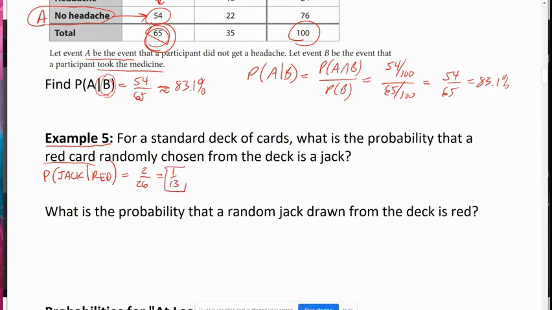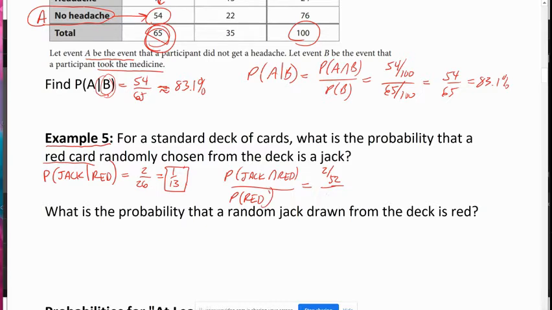Now using the formula, we would have the probability of both, so jack intersect red, which really means it's a red jack, divided by the probability of red. The probability of drawing a red jack: there are 2 red jacks in a deck of 52, a jack of hearts and a jack of diamonds.